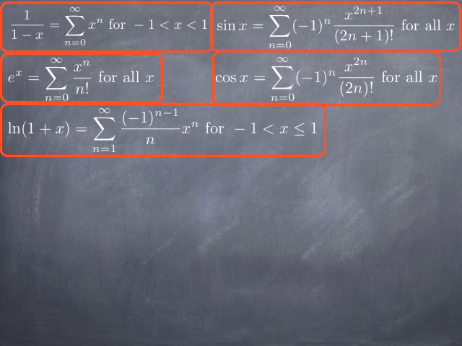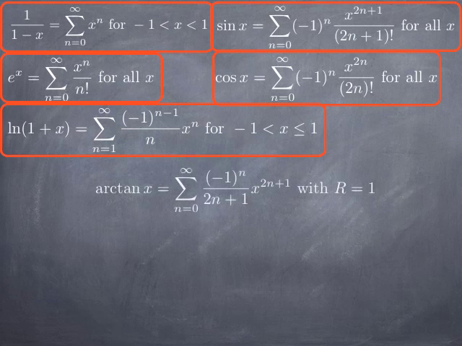Now another power series representation that we have established in a previous video using the same sort of argument, namely writing the fact that the derivative of arctangent is 1 over 1 plus x squared, which you can think of as the sum of a geometric series of first term 1 and common ratio -x squared, writing out the derivative as such a power series representation, and then integrating term by term to obtain a power series representation for arctangent, what we obtain is that arctangent is equal to this series from 0 to infinity of (-1)^n, x to the 2n plus 1 over 2n plus 1, and this is with a radius of convergence of 1.